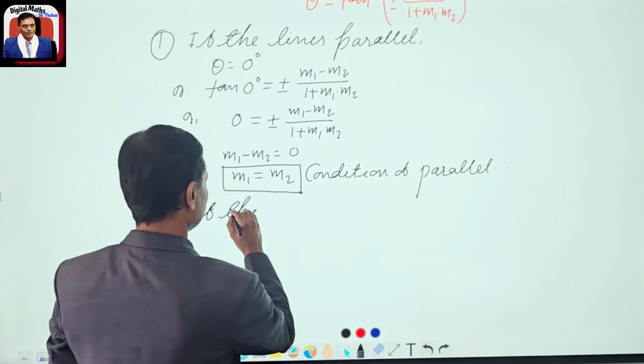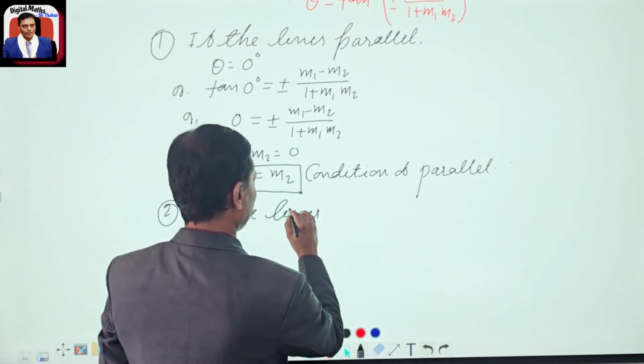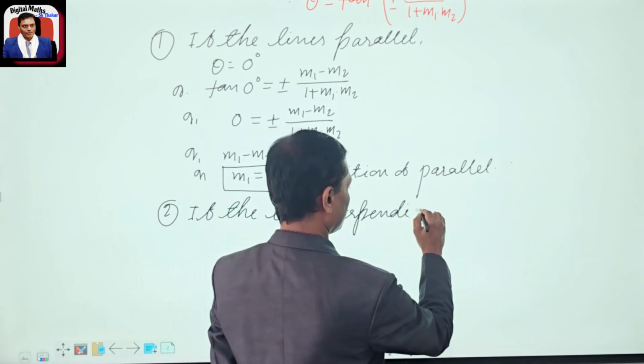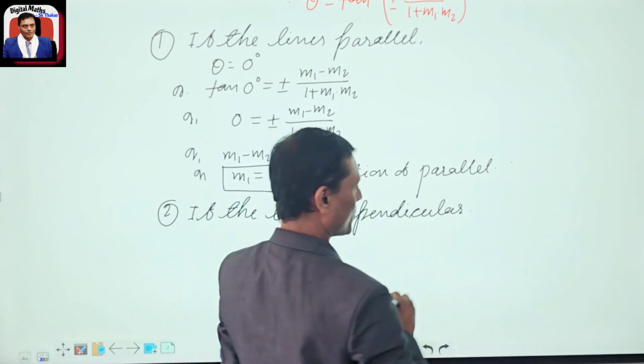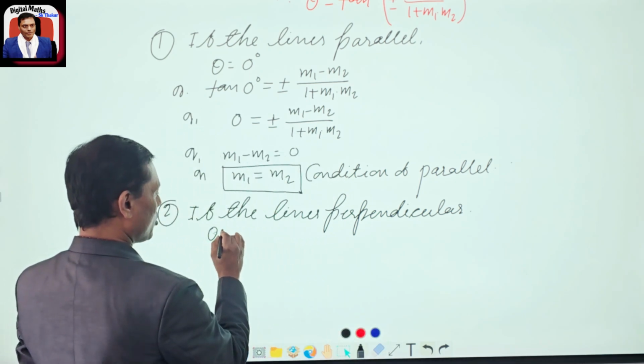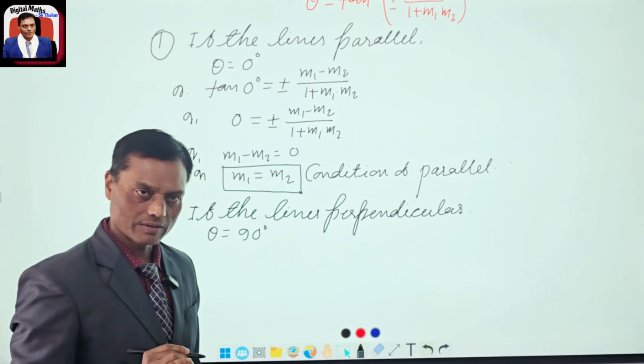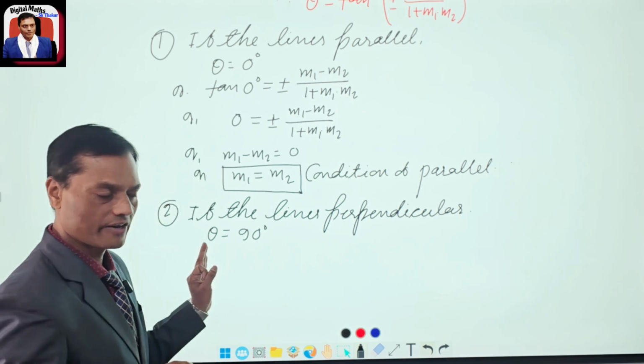The next case is if the lines are perpendicular. If the lines are perpendicular, the value of theta will be 90 degrees.